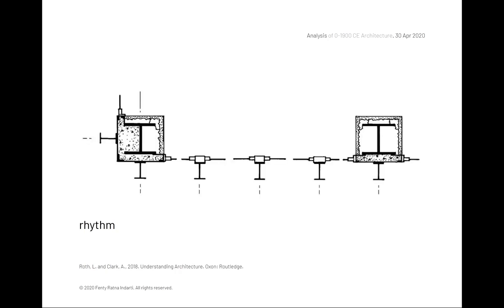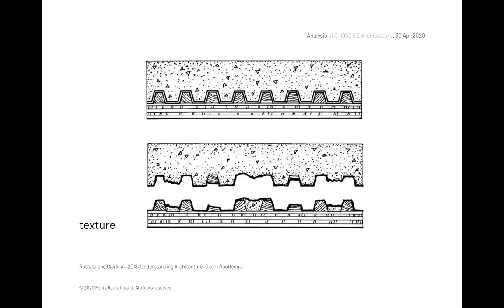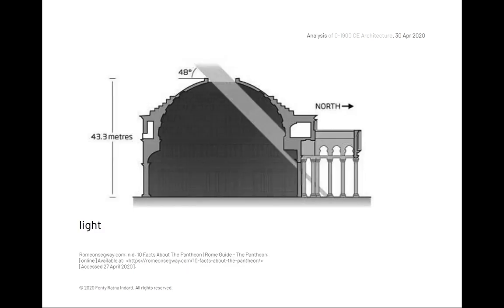And then rhythm, try to find the rhythm. And then texture. Texture can be from the materials, texture can be from the finishings. So texture is also representing the environment at that day and where it is located. Light also provides important roles in analyzing buildings, how they try to provide daylighting into the buildings.